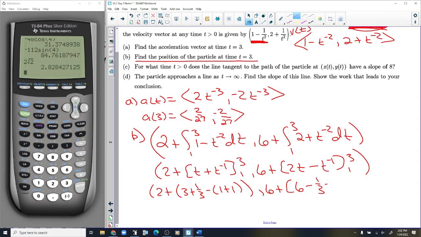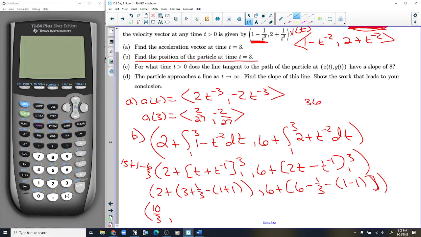Plugging in 1 now. 1 minus 1. Something like that. 15/3 plus 1/3 is 16/3 minus, oh, no, that didn't work out right. 15/3 plus 1/3 minus 2. 6/3, 10/3. 36/3 minus 1/3, right?